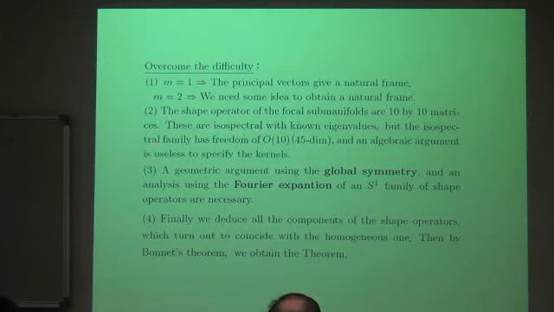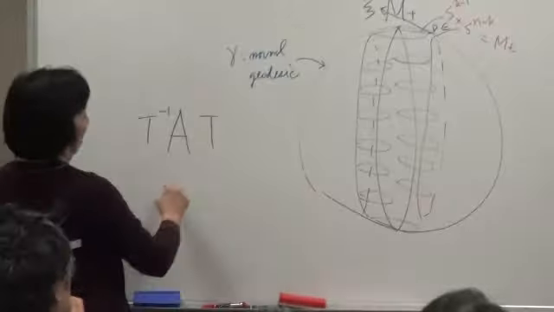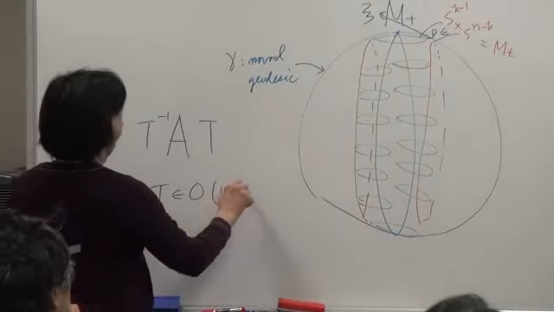However, the isospectral family has the freedom of the orthogonal group of degree 10, because, as all of you know, if a matrix has an eigenvalue, then of course its conjugate also has the same eigenvalue. So in our case, this is O(10).